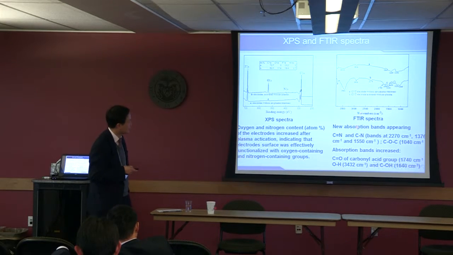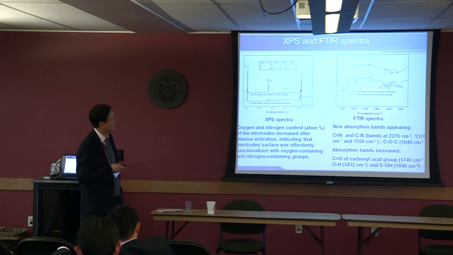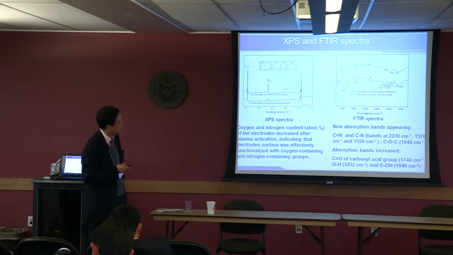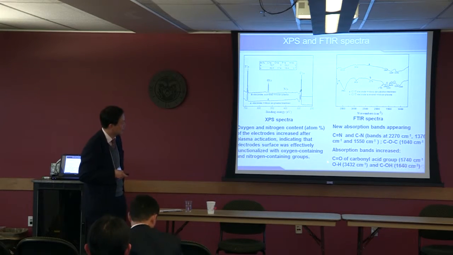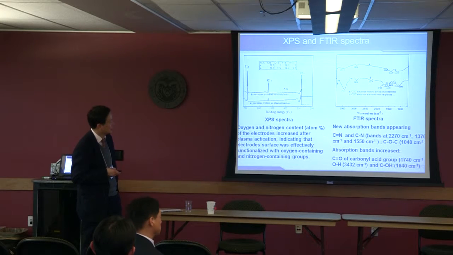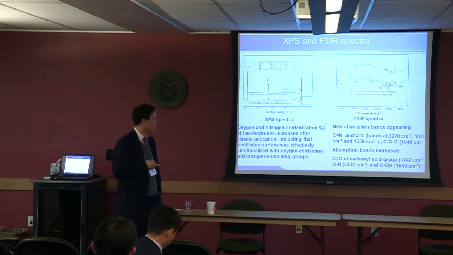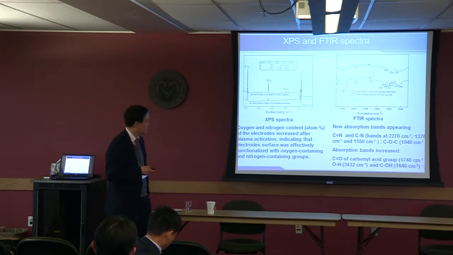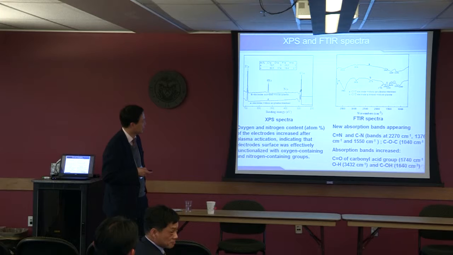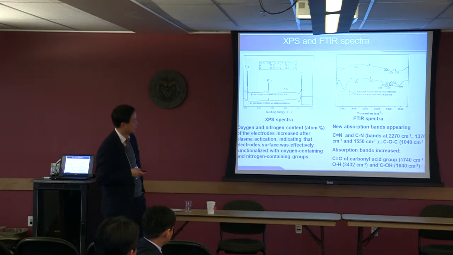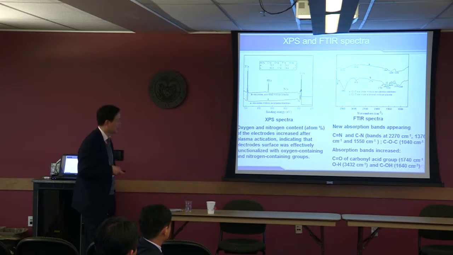Here's the analysis of the FTIR, which also shows the change of the absorption pattern. Later, the detailed analysis shows that they do show some of the groups. See the carbon and nitrogen groups, and the carbon double bonds and single bonds. These groups appear just after plasma activation.